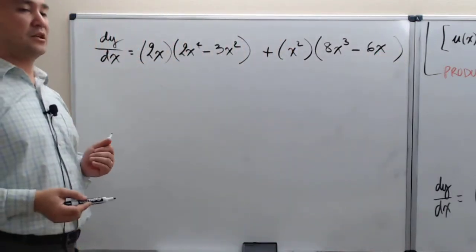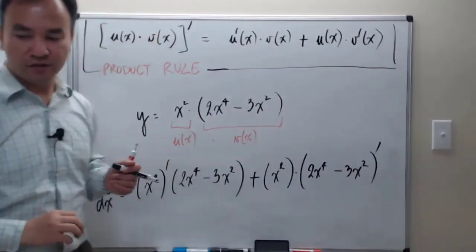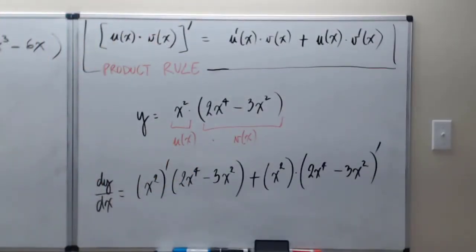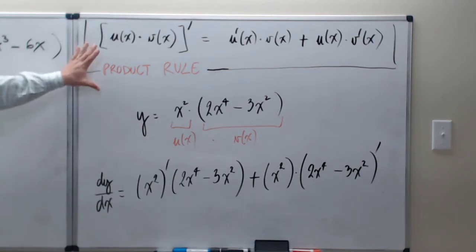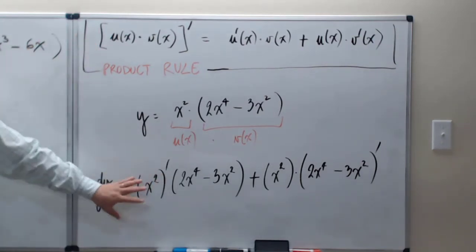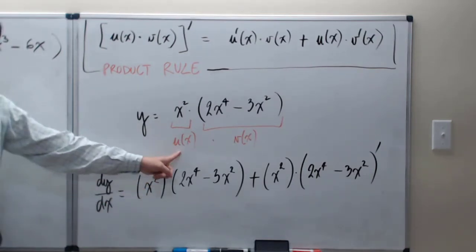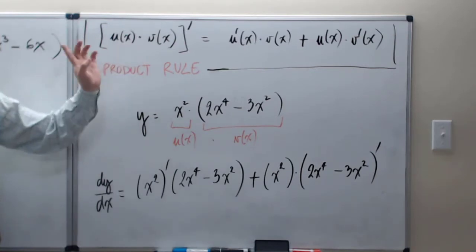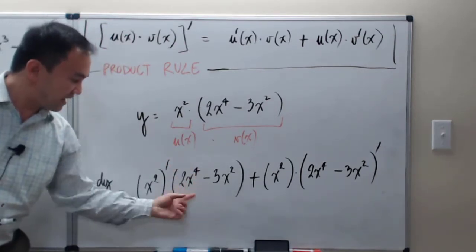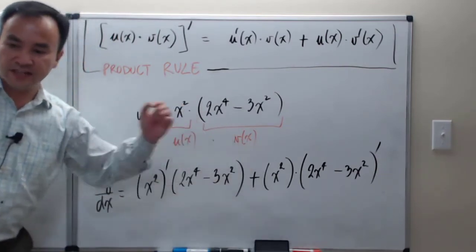Once again, let me bring up the other board for everybody to quickly double check your steps and my steps. So this is the setup that directly applies the product rule. I put a prime on the x squared because x squared here is playing the role of our u function in the product rule, and that 2x to the fourth minus 3x squared is in the role of our v of x function.